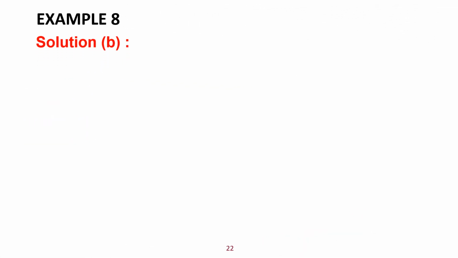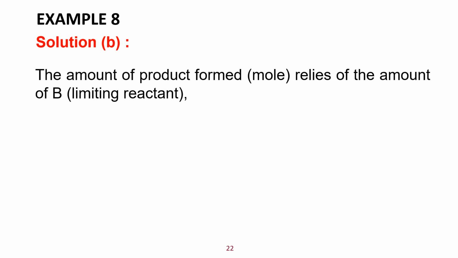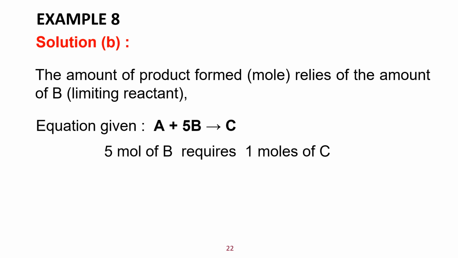Now, let's answer question B. The amount of product formed relies on the amount of B. From the equation, 1 mole of A reacts with 5 moles of B. Remember that the limiting reactant limits the amount of the product. Thus, to determine the amount of product formed, we need to compare with the limiting reactant.